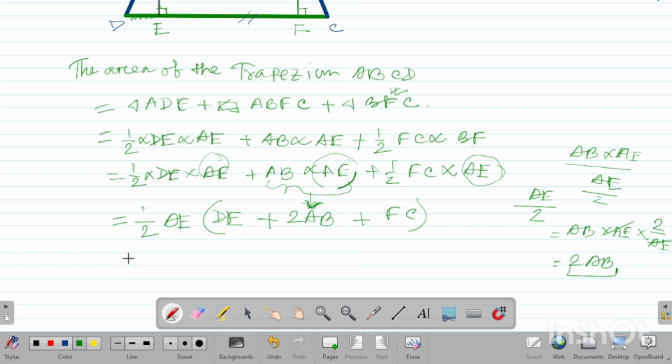Now we can break this 2AB like AB plus AB.